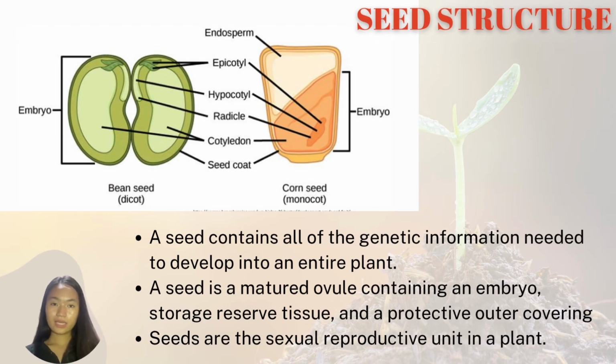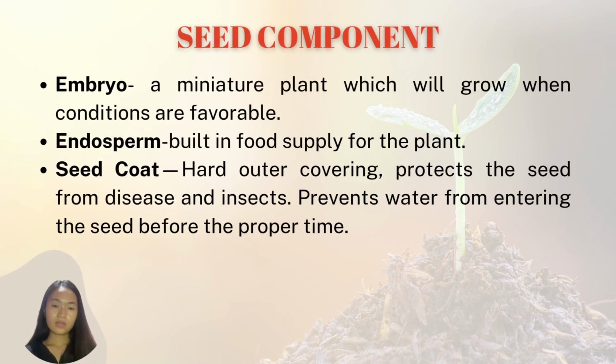So next is seed structure, where a seed contains all of the genetic information needed to develop into an entire plant. So a seed is a matured ovule containing an embryo, storage reserve tissue, and a protective outer covering. Seeds are the sexual reproductive unit in a plant. So a seed consists of three main parts.